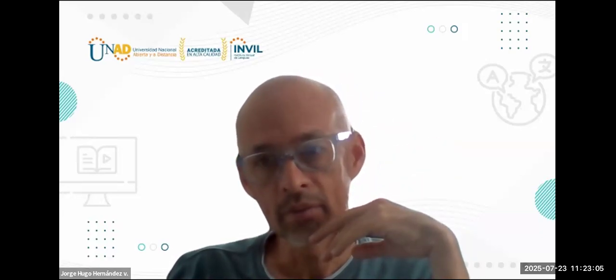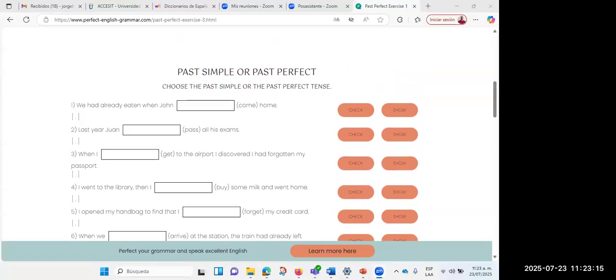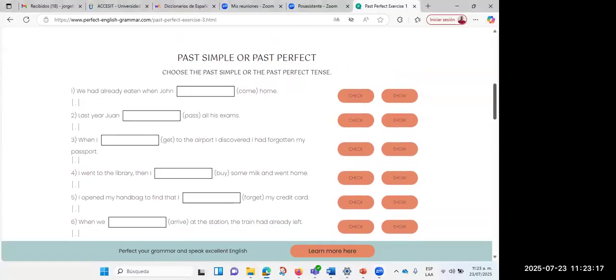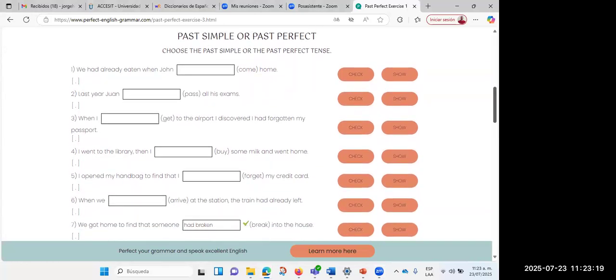So please, Paula, number 7, read the full sentence complete. We got home to find that someone had broken into the house.